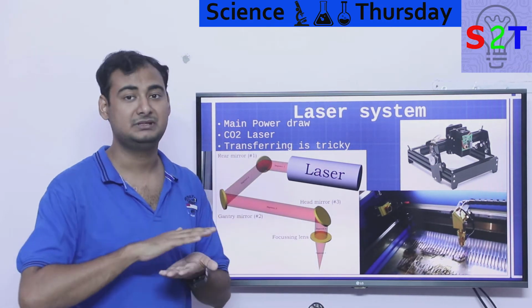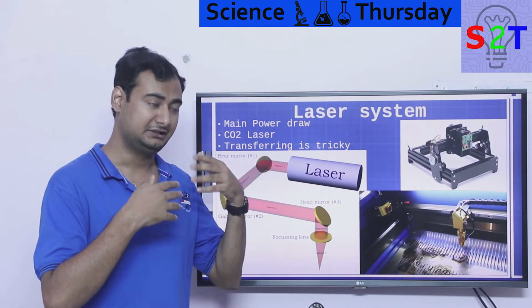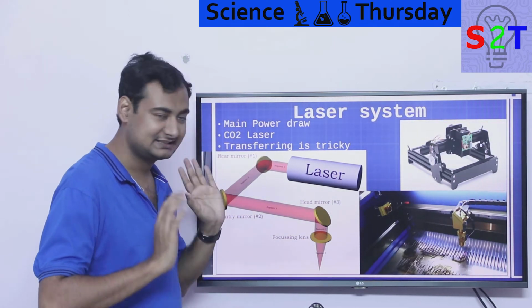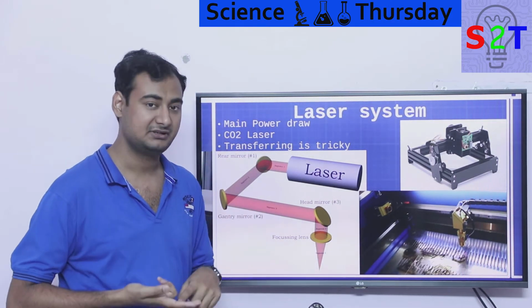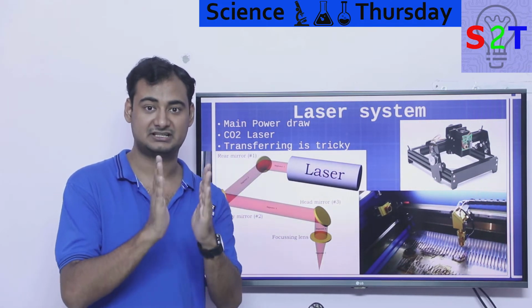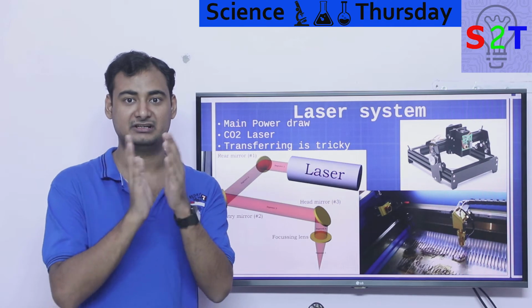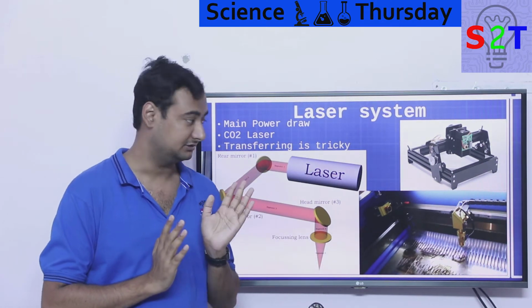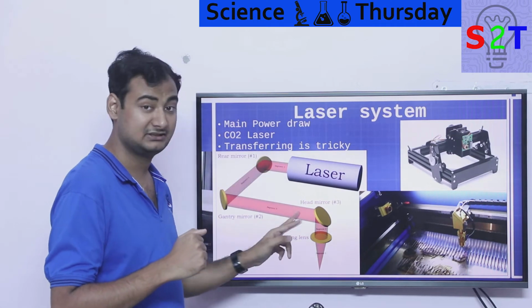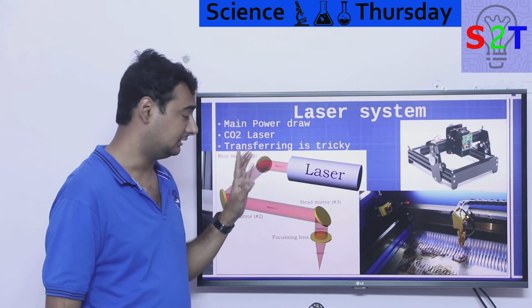But CO2 has met all the criteria. And if you want to do more research, I would urge you to look into Wikipedia. But that's the whole point. It is safe enough, it is reliable enough, it produces the right spectrum. Basically every laser has an output spectrum. Basically what is it outputting? Red, green, infrared, whatever have you. CO2 outputs infrared, and infrared reflecting is also very easy. You also have to understand this aspect.